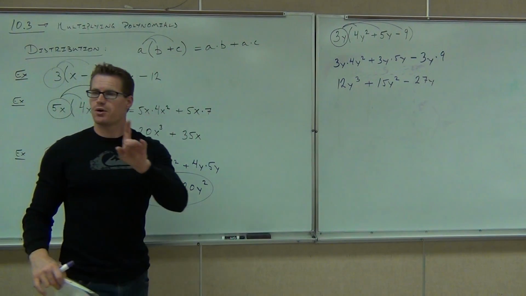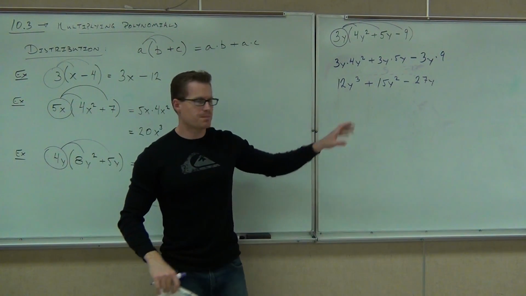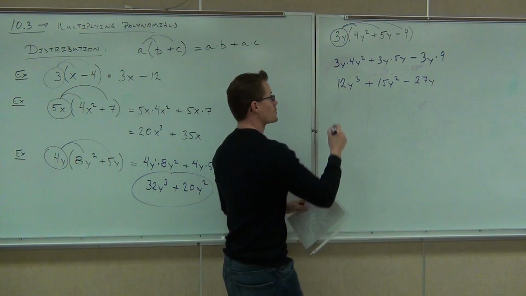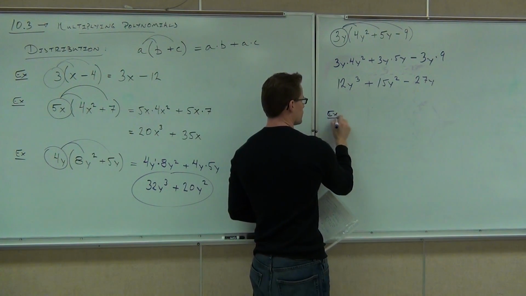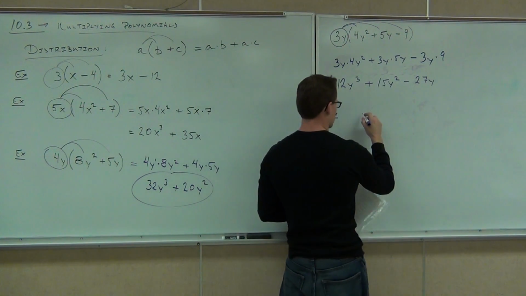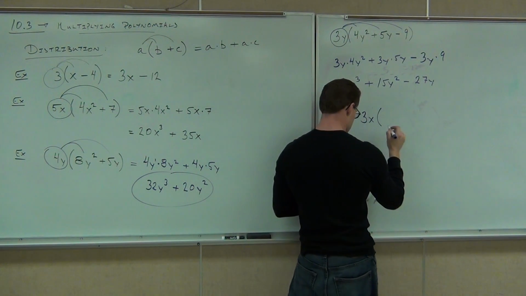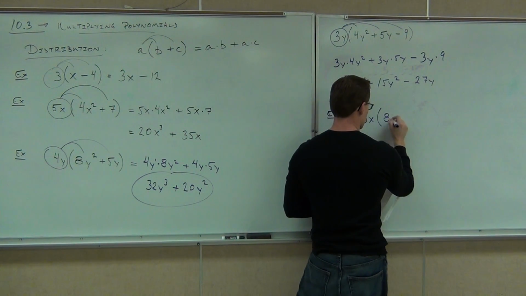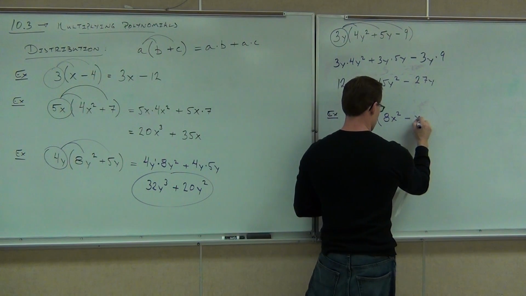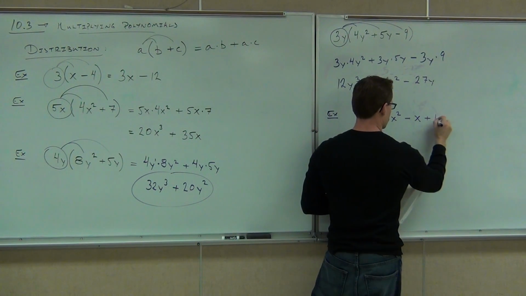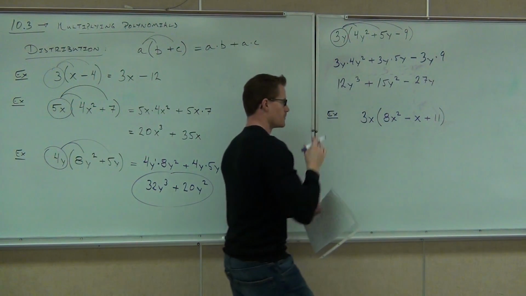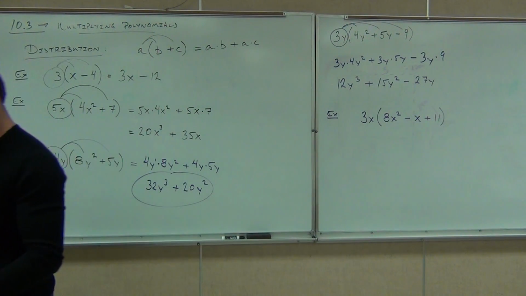Okay, I want you to try one of your own. Then I'm going to change the problem just a little bit, and we'll talk about it after that. So here's your example. Go ahead and work that one out.